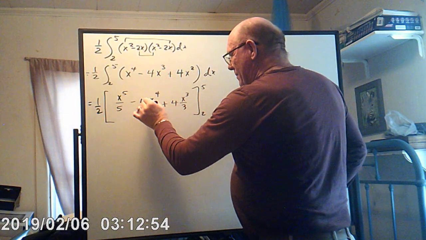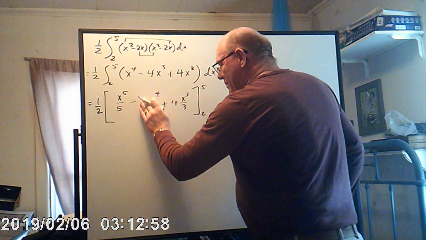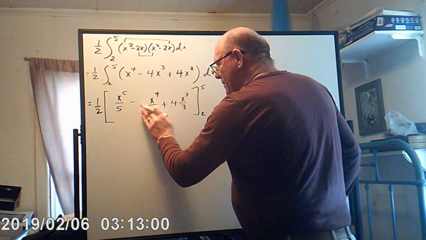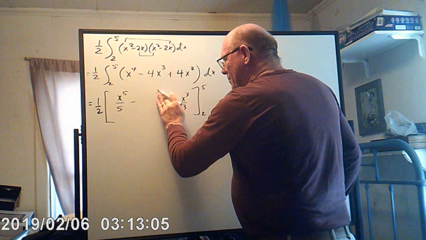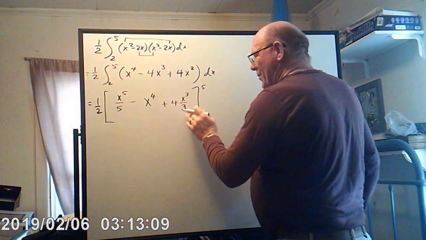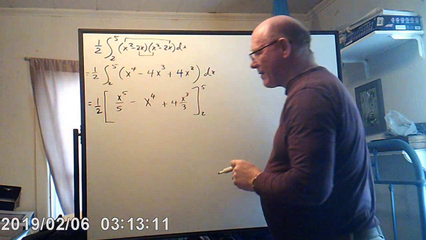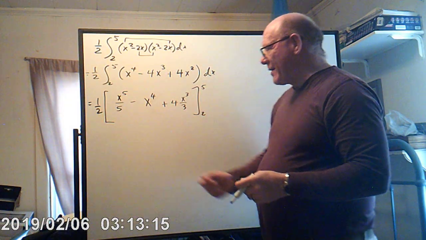Alright, so these will go out. And so we're really left with x to the 4th. So if you don't mind, I'm going to erase this and just put x to the 4th right there. Alright, there it is. Minus x to the 4th plus 4x to the 3rd over 3. Problem is, we got two different denominators.